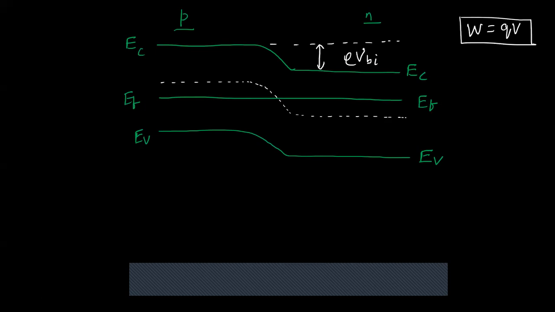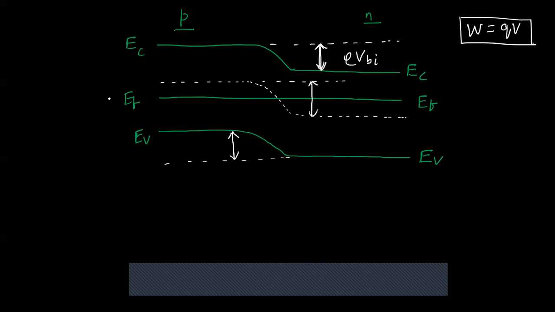Now what we can see from here is that the net bending of the conduction band, shown as EVBI, must be the net bending of the Fermi energy level here. This is the same thing, right? And here also, if I draw the bending of the valence band, this is also the same thing, because they all have fixed positions for P type and N type material.